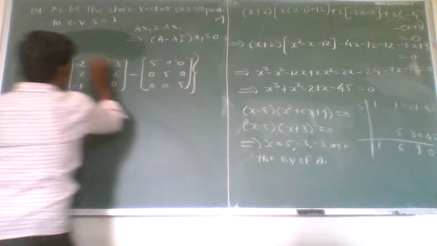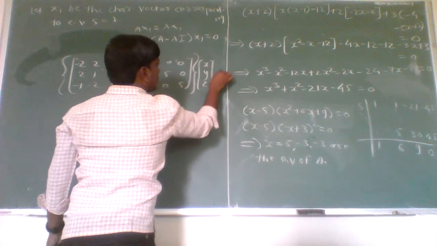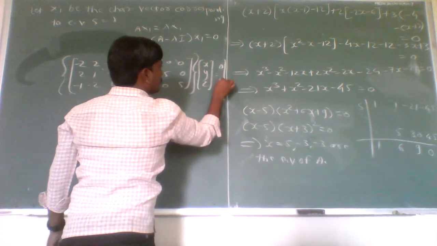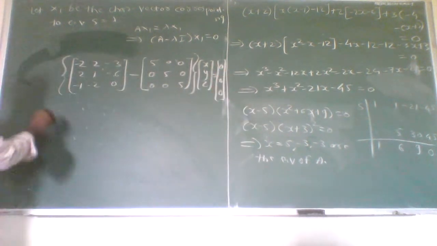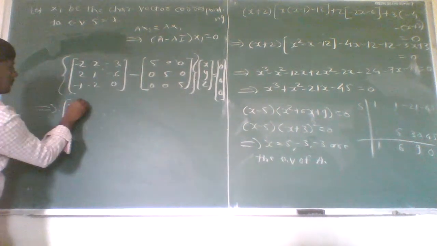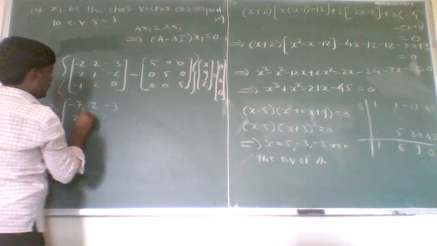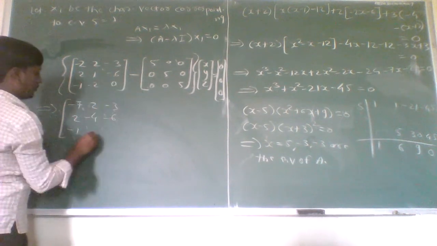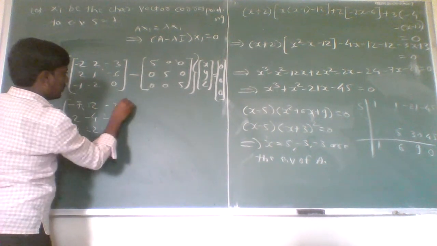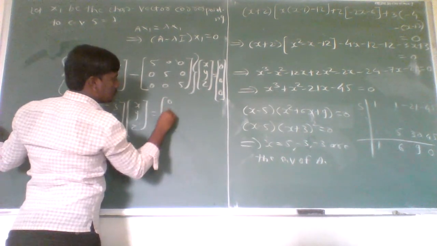We take this x1 as [x, y, z], equal to 0, 0, 0, which is nothing but A minus 5I: minus 2, minus 5, minus 7, 2, minus 3, 2, 1, minus 5, minus 4, minus 6, minus 1, minus 2, minus 0, minus 1, 0, minus 5, times [x, y, z] equal to 0, 0, 0.